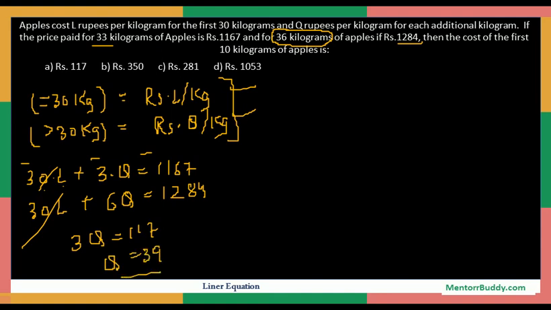Now the question says we have to figure out the cost of first 100 kilograms of apple, sorry, first 10 kilograms of apple. So first 10 kilograms of apple must be costing rupees 10L. So we have to deduce and figure out the value of 10L. So putting the value of 3Q in first equation, we get the value of 30L.